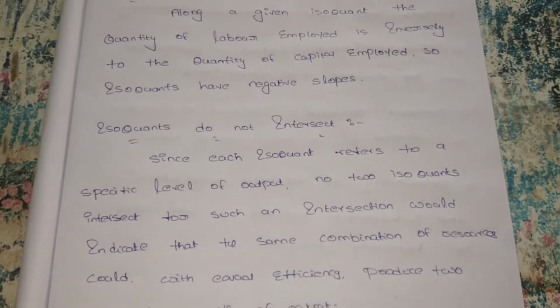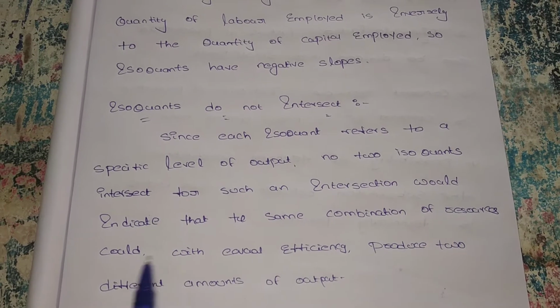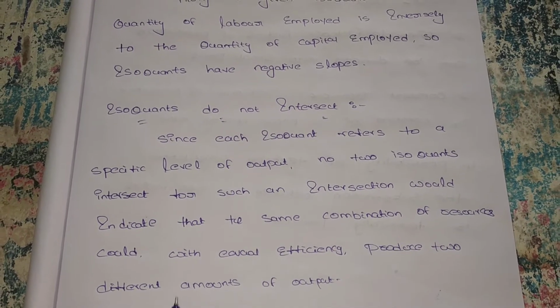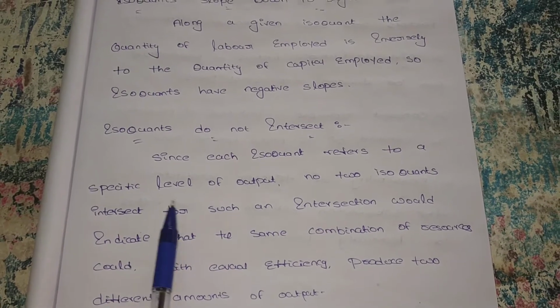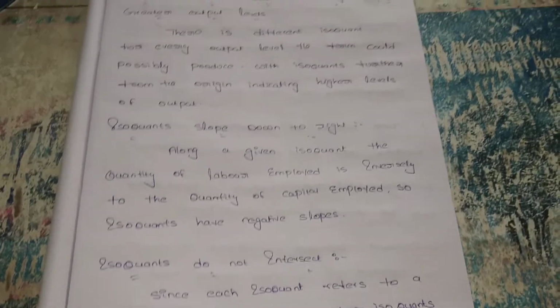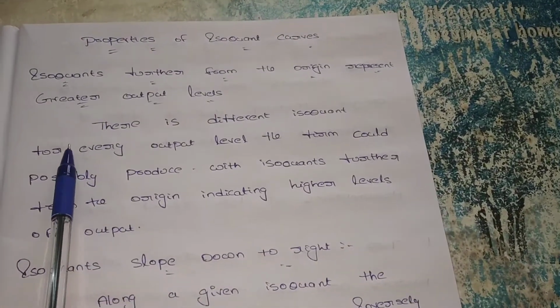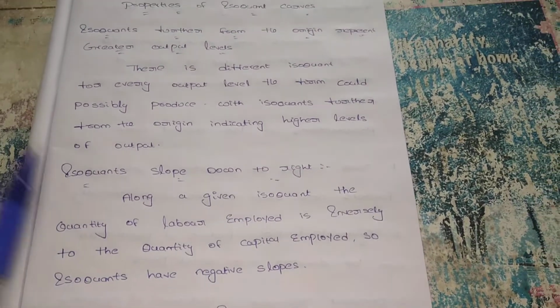For such an intersection would indicate that the same combination of inputs could, with equal efficiency, produce two different amounts of output. So two different input combinations give the same level of satisfaction, but two isoquants never intersect each other. These are the properties of the isoquant curve. Isoquants further from the origin produce higher levels of quantities, and isoquants slope downwards from left to right.